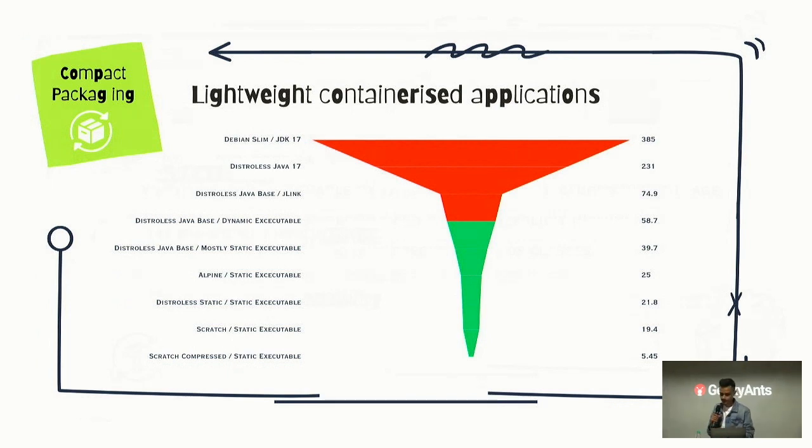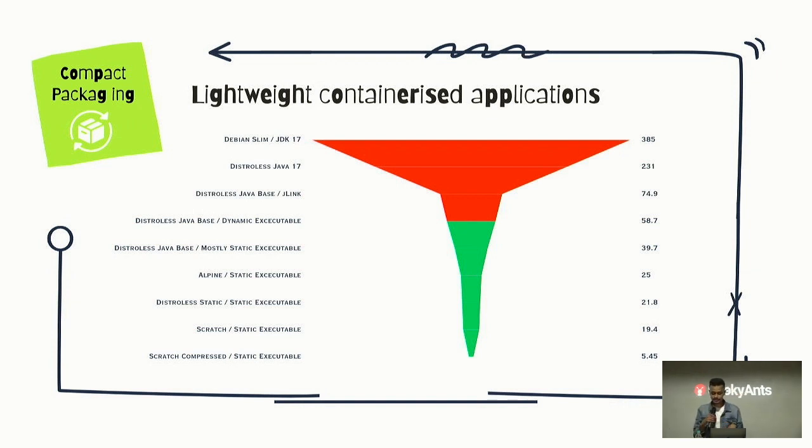First, you can see I have separated the values with two colors: red is for JVM and green is for GraalVM. In the first line, they used Debian Slim and JDK 17, and the jar produced had a size of 385 MB.